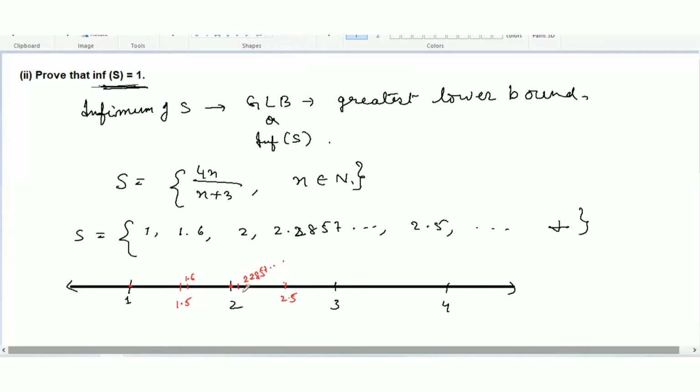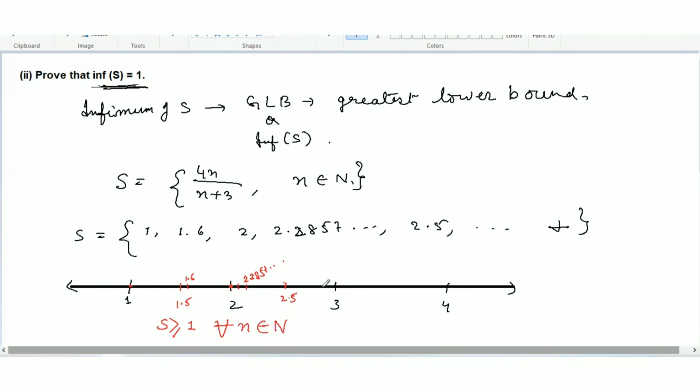This way the numbers continue. What we can see here is that all the elements of S are greater than or equal to 1, for all n belonging to the natural numbers.